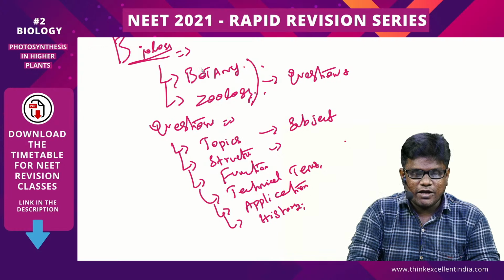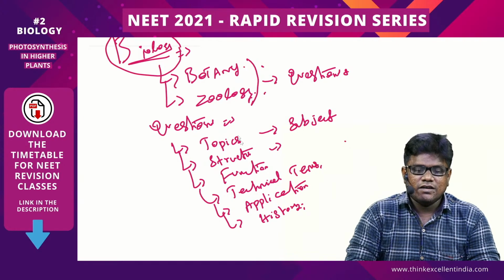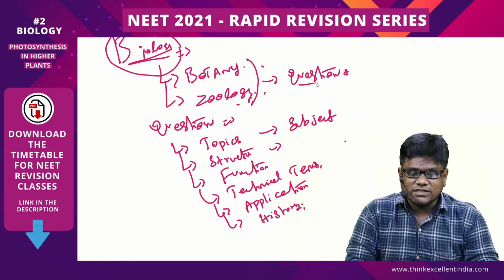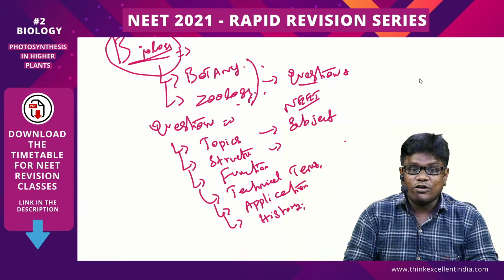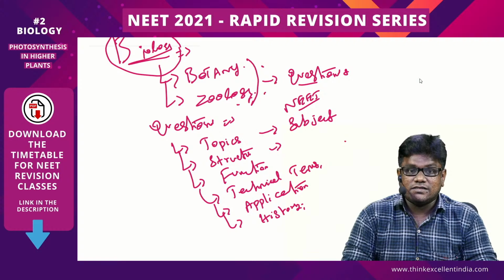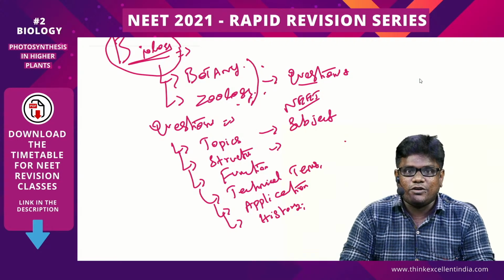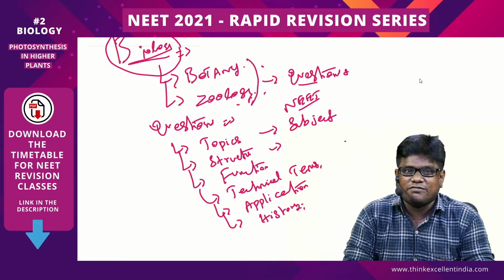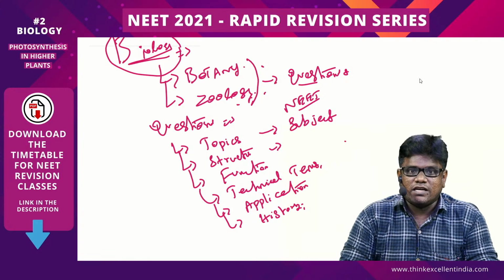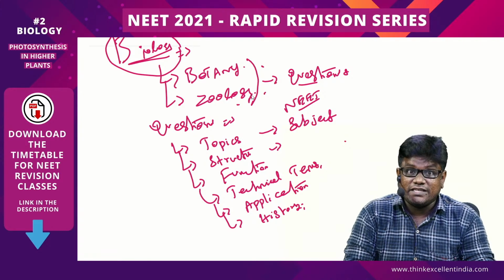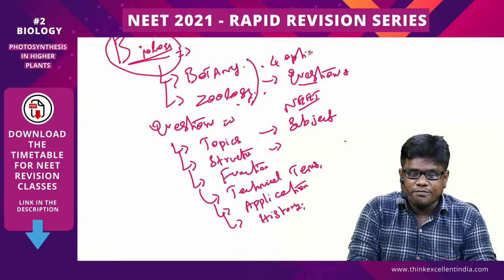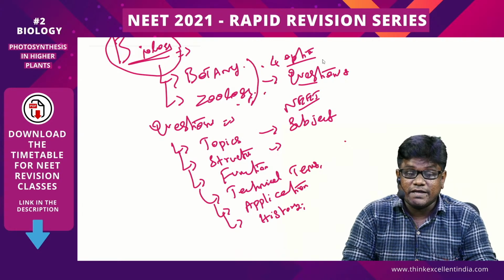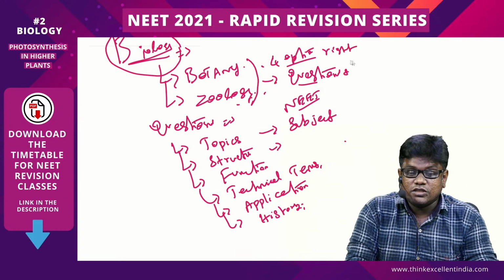So in biology, botany and zoology comprise the questions that come in Neet. When you talk about Neet, you're not going to write answers page by page. You're going to pick only the perfect answer, the topmost answer. There are 4 options, and in those 4 options you have to pick the right one.